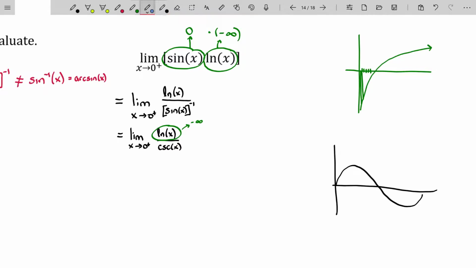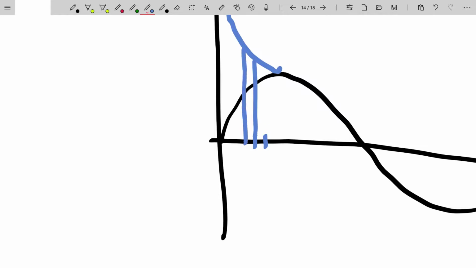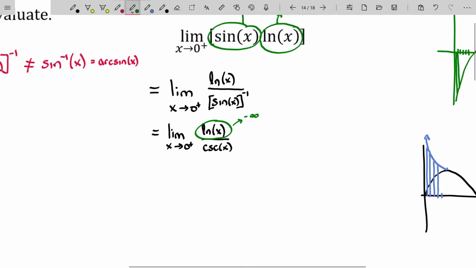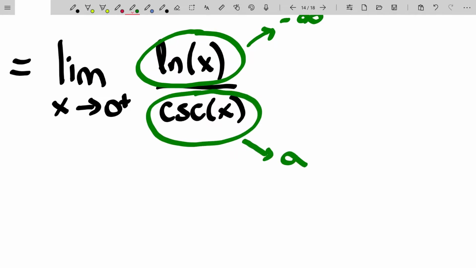So the cosecant, I'll draw in blue, is going to positive infinity as x gets really close to 0. Notice I'm really trying to get you to recognize that you need to know your graphs. As x gets really close to 0, the cosecant is going to jump up to infinity. So I'll go ahead and write that in here. The cosecant will approach infinity.